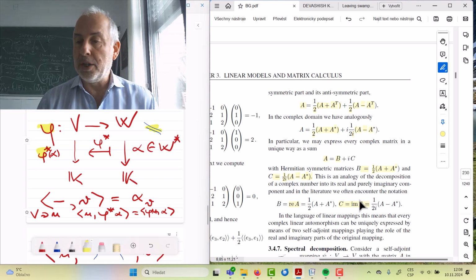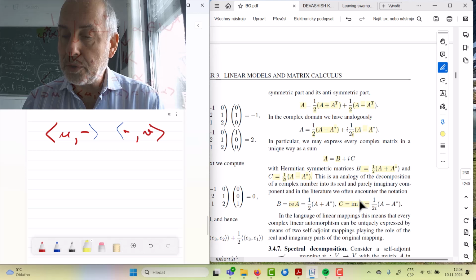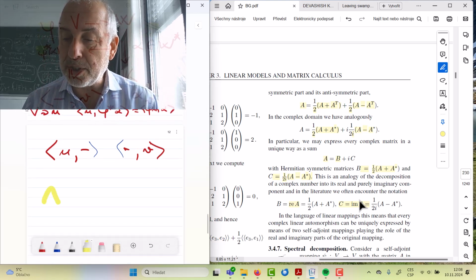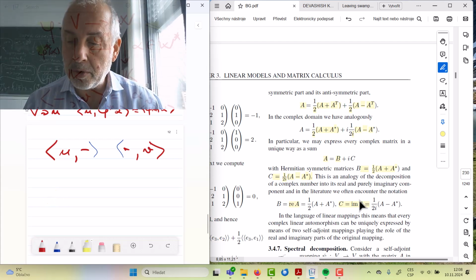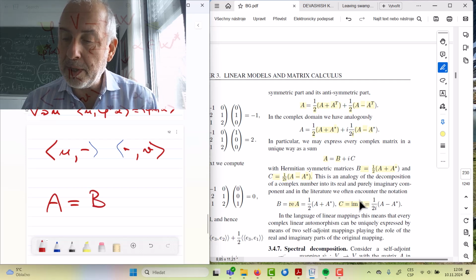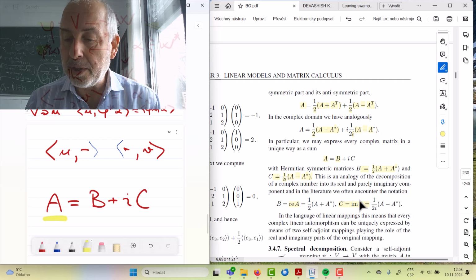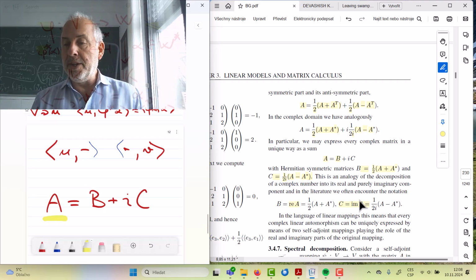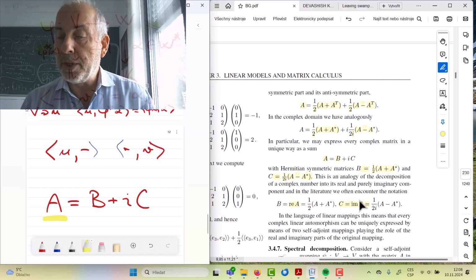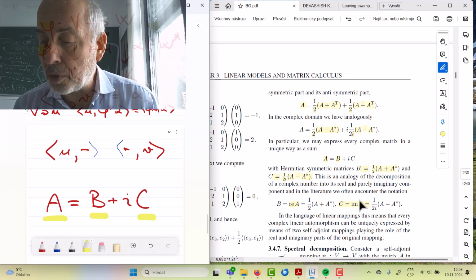We shall come back to it soon. So just to keep it in front of our eyes, let's write explicitly again: A equals simply B plus i times C. This is a generic, any linear mapping in coordinates, a matrix. This is a self-adjoint one. This is also a self-adjoint one.